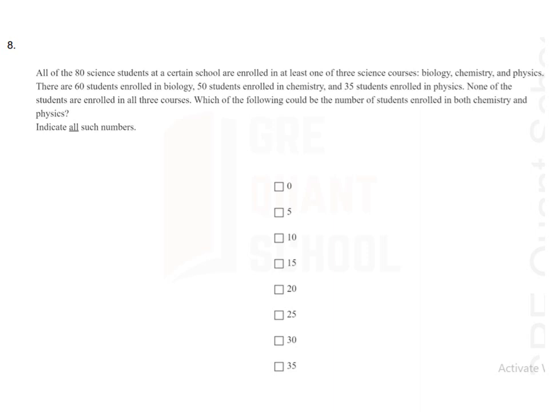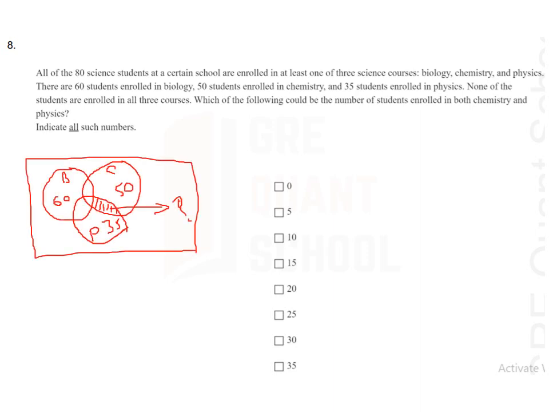So students who are enrolled in biology may not be enrolled in chemistry and physics. So we can find out the number: 80 minus 60 equal to 20. And we can take another way, that is 50 plus 35 that are attended by chemistry and physics, and as the total number of students is 80, we take the difference of 50 plus 35 minus 80 and we get 5.